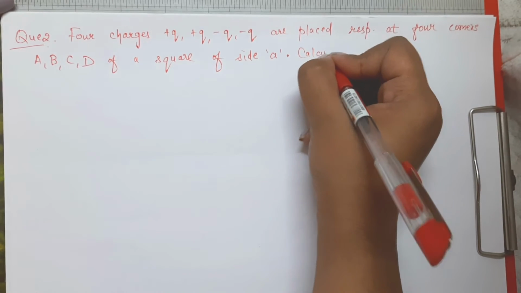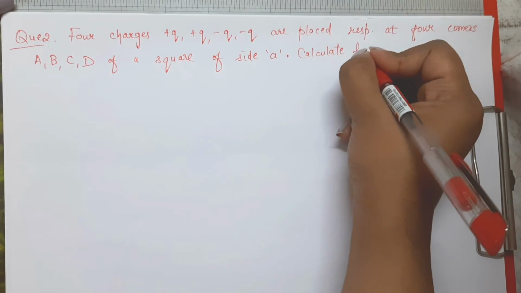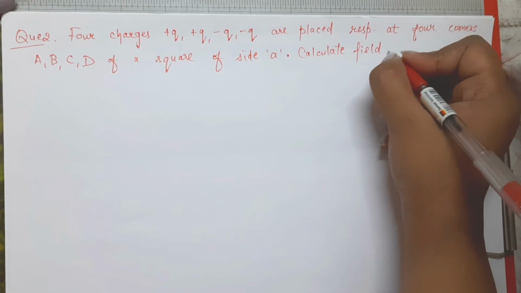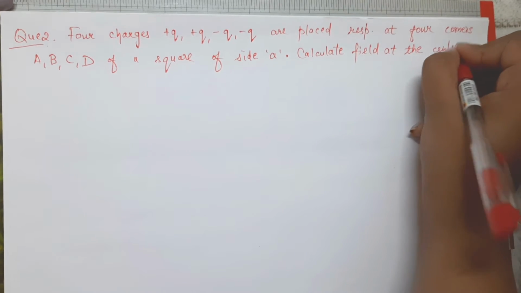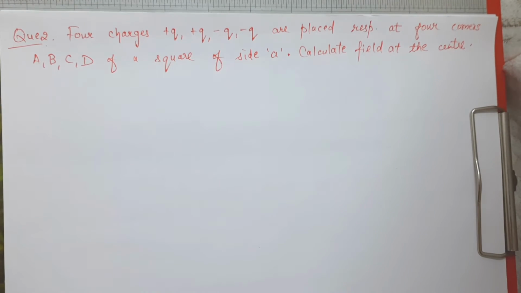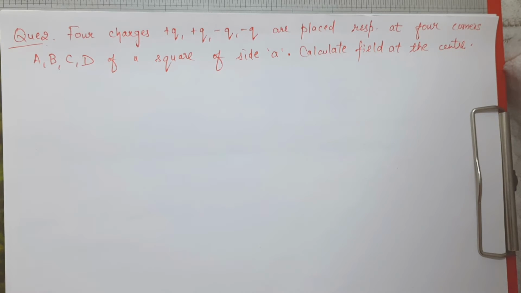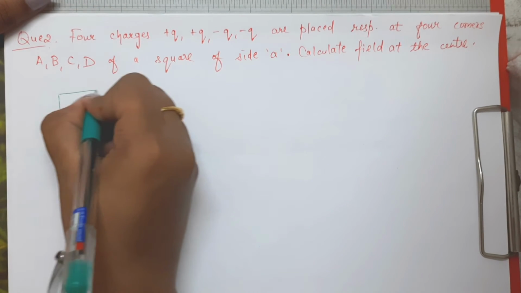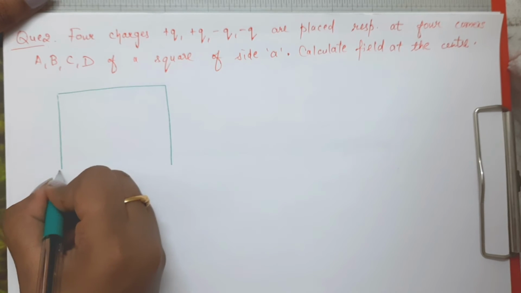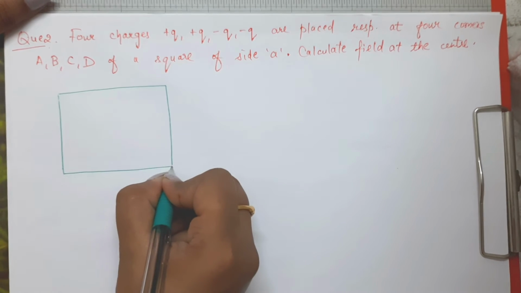Calculate the field at the center of the square. So we have to calculate the net field at the center of the square. Basically what is given to us is that we have a square. My drawing is not so good.